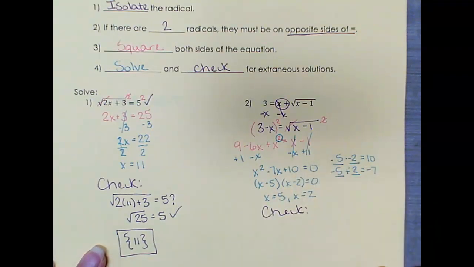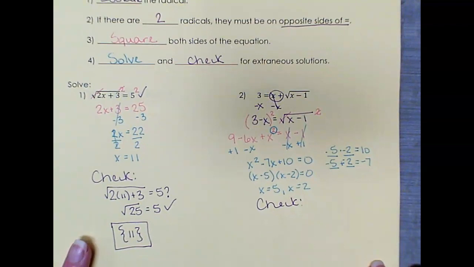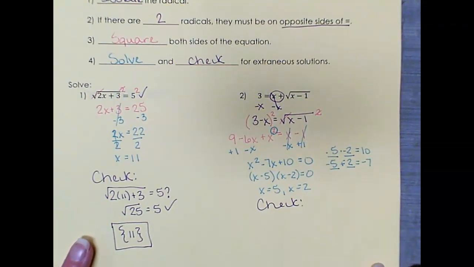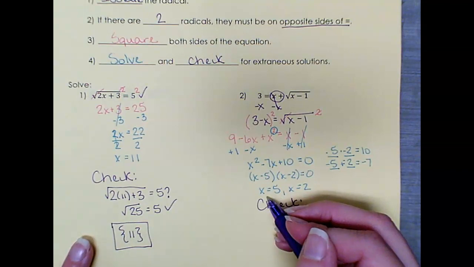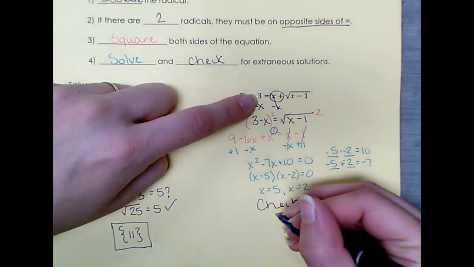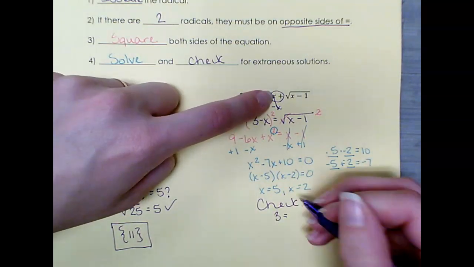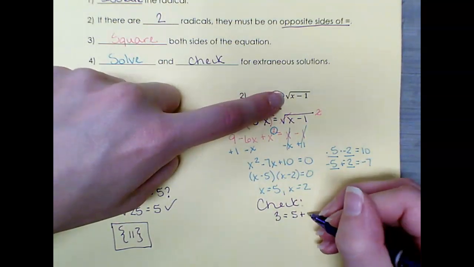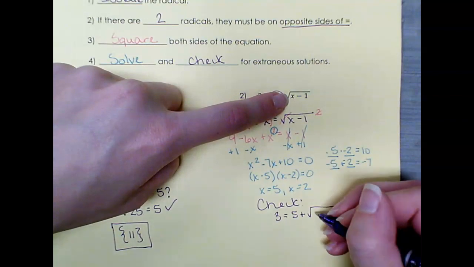And the check part is easy. I just need to substitute my values back into the equation for x. So we'll do x equals 5 first. If x equals 5, then I'll have 3 equals 5 plus the square root of 5 minus 1.